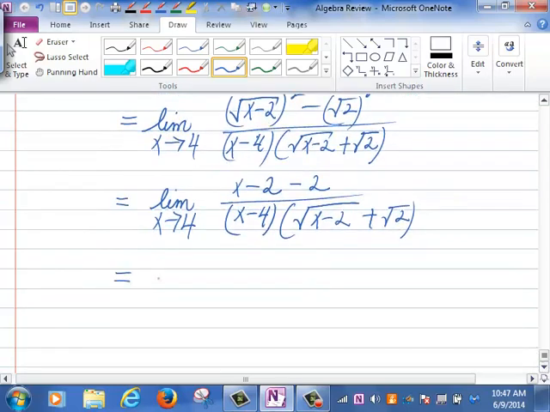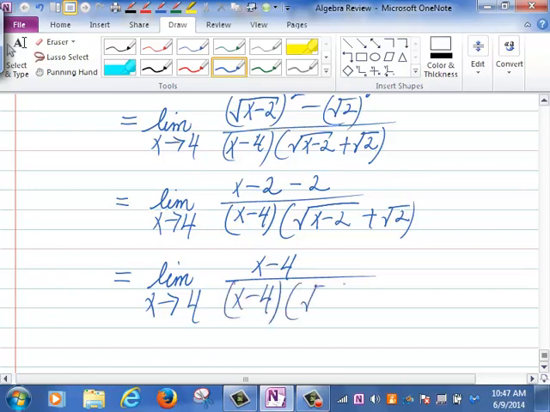So I would be getting the limit as x going to 4 of x minus 4 over x minus 4 times root of x minus 2 plus root 2.